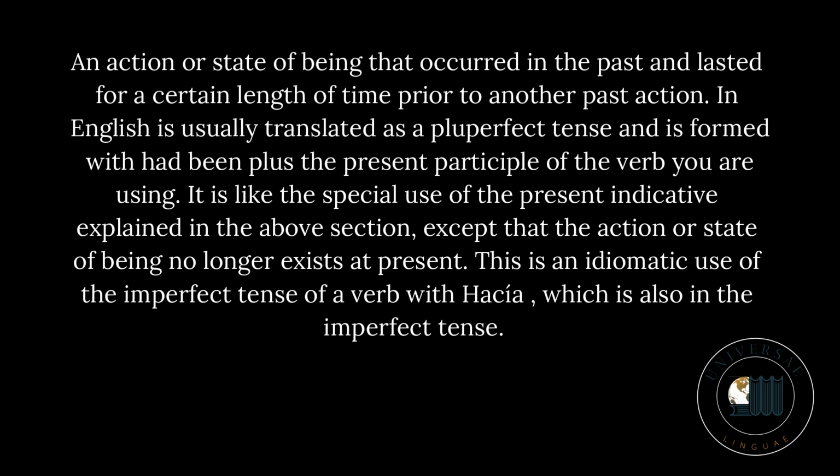Because of the concept that is being expressed within this tense, we cannot translate this sentence word by word. We are translating the concept that is being expressed in the imperfect tense.